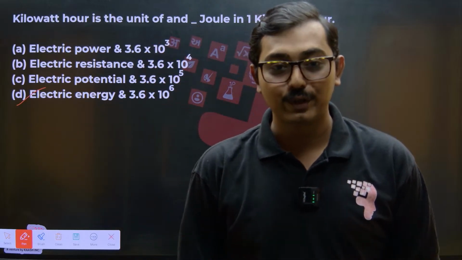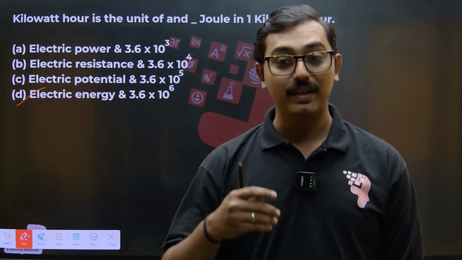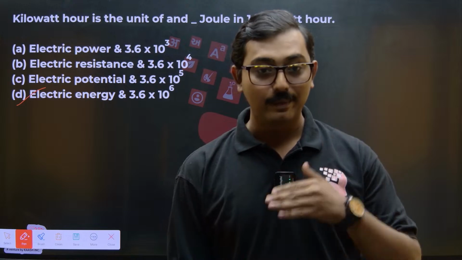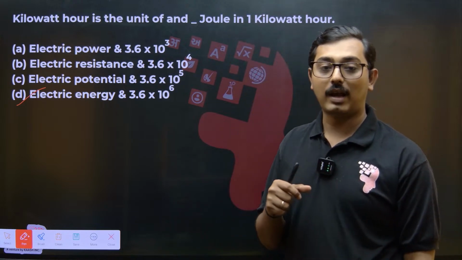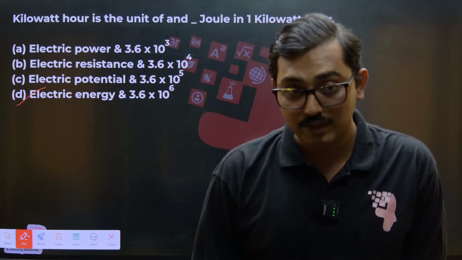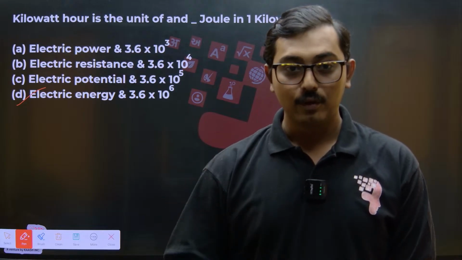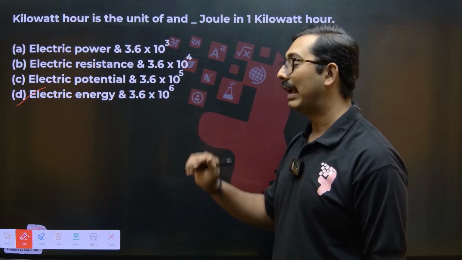We say watt, so it should be of power. But no, after the completion of the power topic, you will observe at the bottom that there is one more topic, kilowatt hour, conversion of the unit of watt into kilowatt hour. Then you will observe that it is energy.